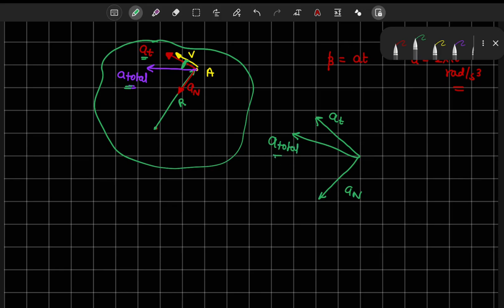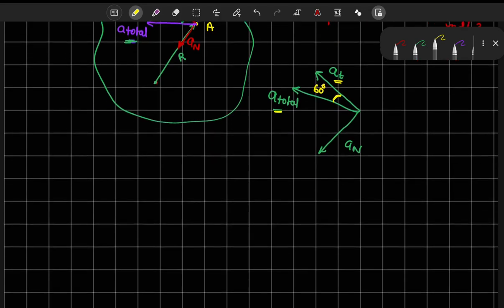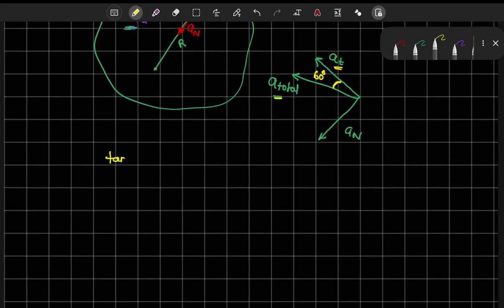We can also say that this is the angle between the tangential acceleration and the total acceleration vector, because tangential acceleration and the velocity vector are in the same direction. So from here we can write tan 60 degrees equals a_n divided by a_t.